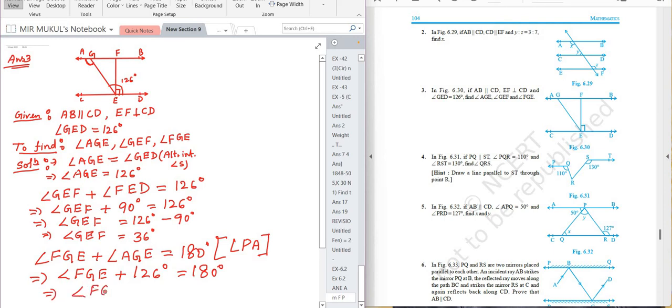Angle FGE equals 180 minus 126 degrees. If you subtract these two, what will you get? 54 degrees. Right? Yes. So this is the answer of question number 3.